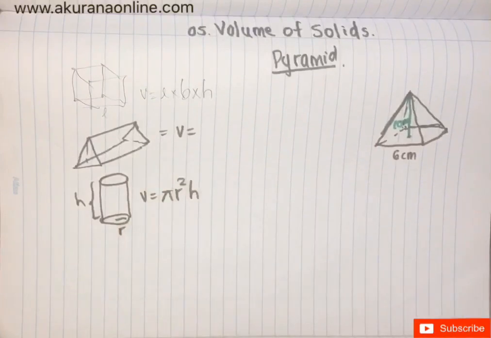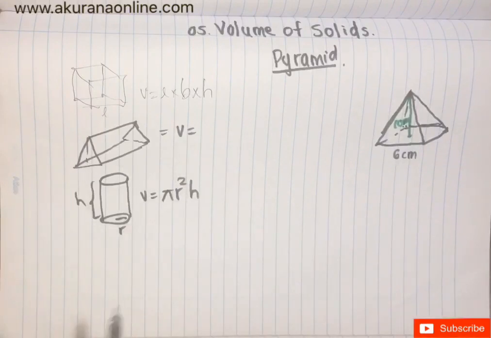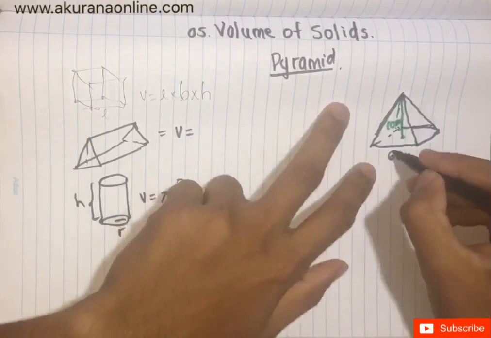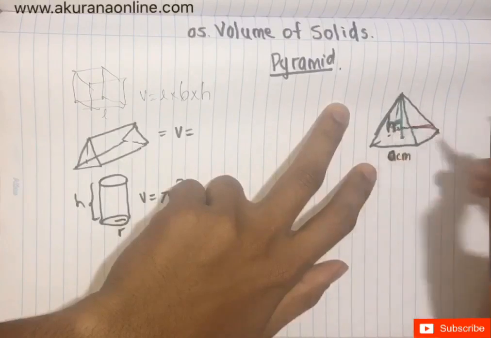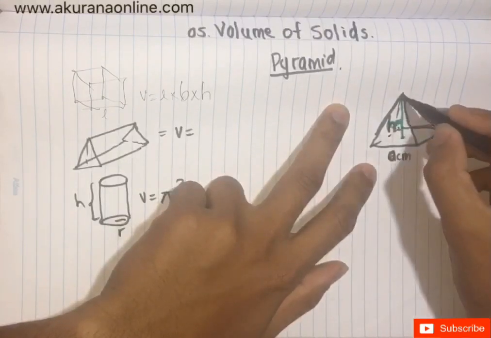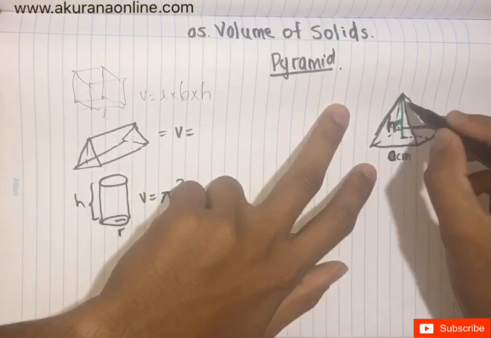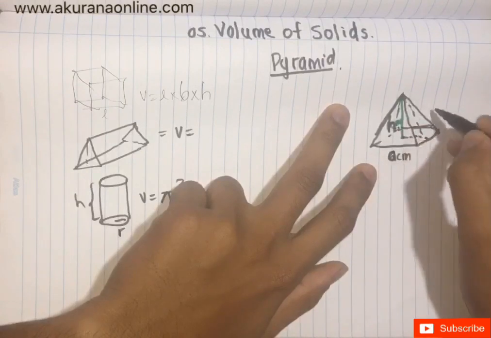Let us call the height h. Then I'll call this a and this h. Sometimes in the questions the slant height would also be given.